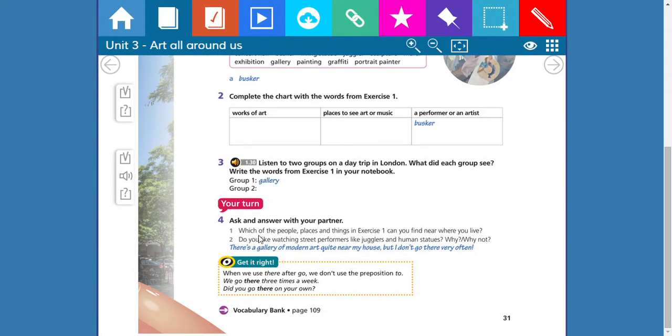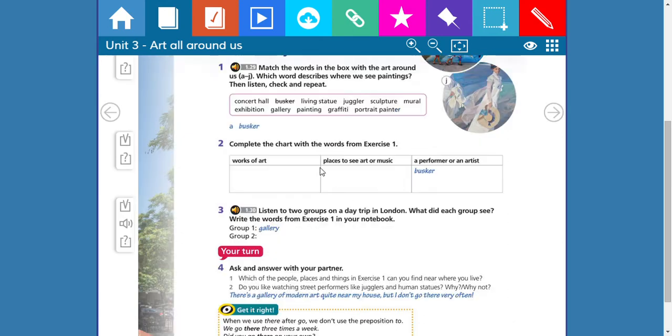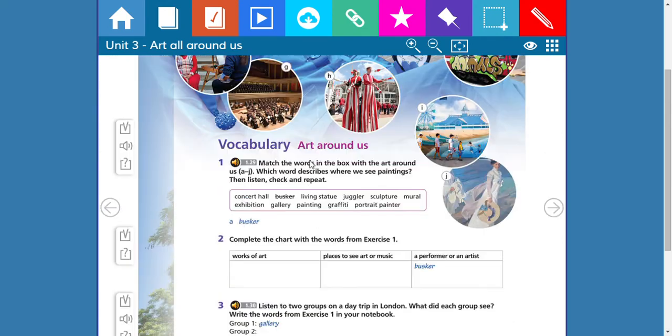Number 4. Ask and answer with your partner. So you can work in pairs. Which of the people, places, and things in exercise 1 can you find near where you live? Okay, here in Cañete, for example, I can see a sculpture.